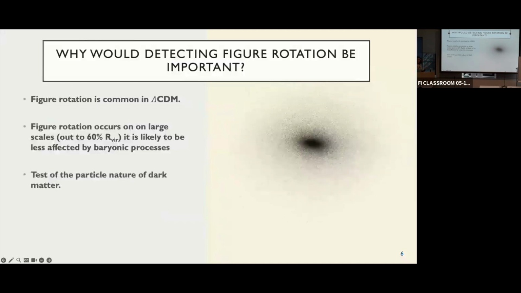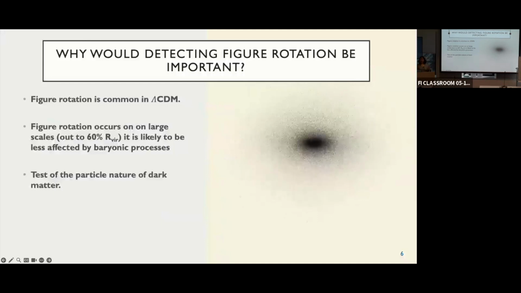But more importantly, none of these other measures of properties of dark matter actually test the dynamical nature of it, right? If dark matter is a particle and congregates in these halos, and those halos actually move, then they are causing a time-dependent gravitational torque on things inside them.